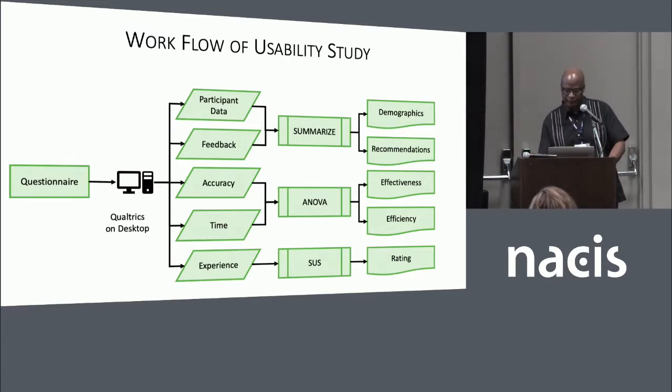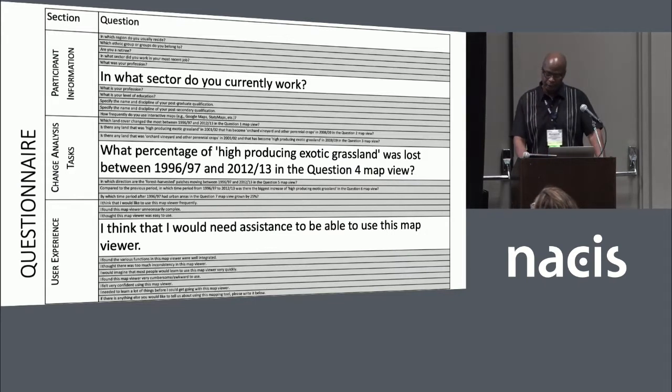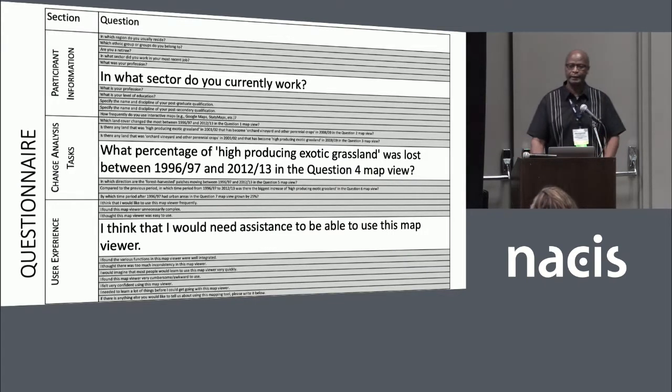I'll move on. This is what the questionnaire looks like. It had 3 parts to it. The first part, of course, collects participant data, and then the second part had tasks which the participants would perform. And these tasks, as I said earlier, would be broken up into either thematic tasks or spatial tasks or temporal tasks.